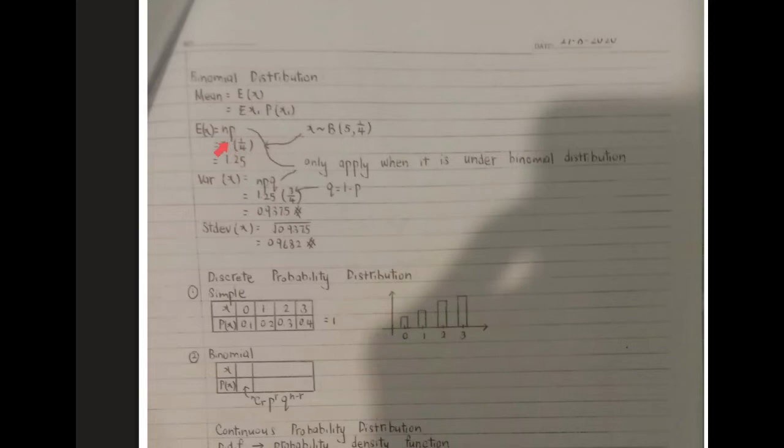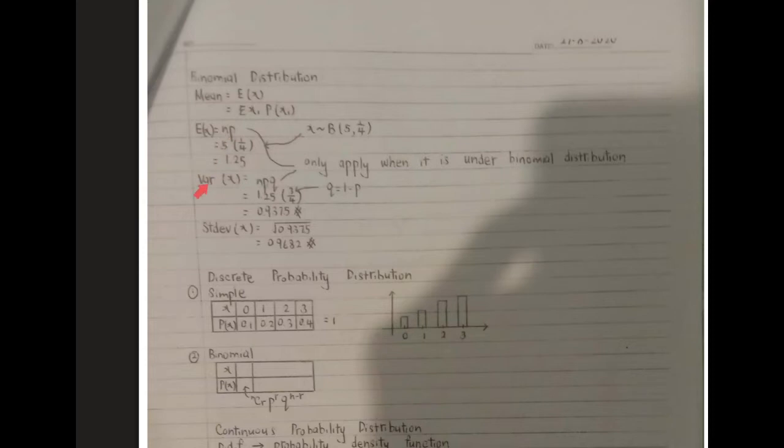Just take n multiply with probability and you will get the mean. Okay, so this formula is for binomial distribution only, but this formula is for all the discrete probability distribution. No matter they are binomial or not, as long as they are discrete, then you can use this. But this one is for binomial only.